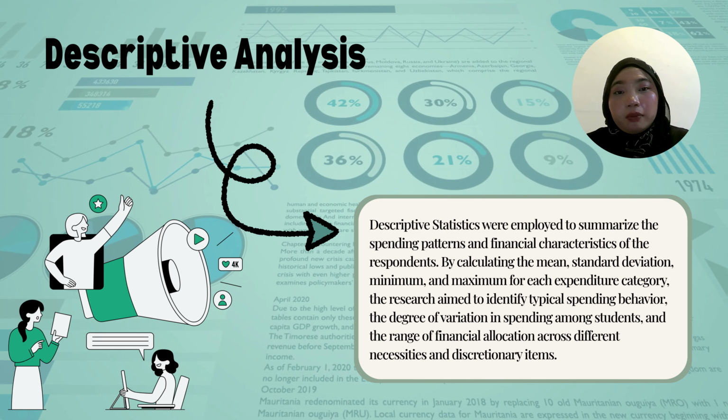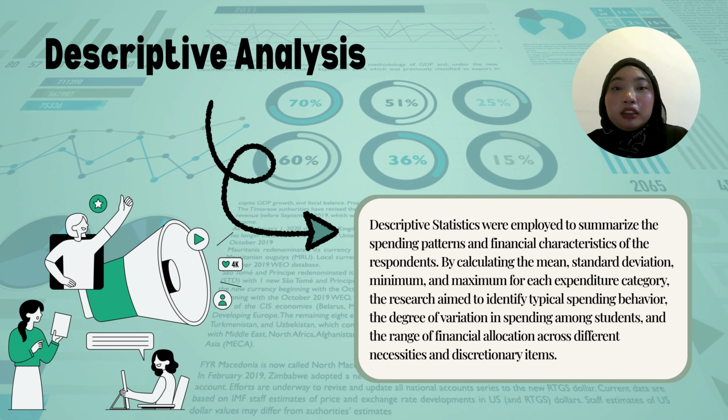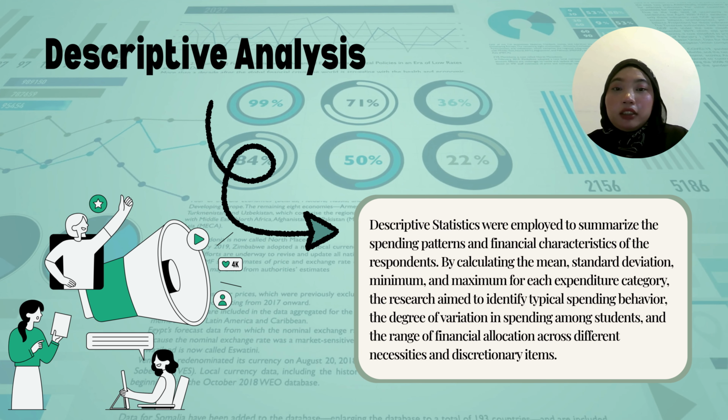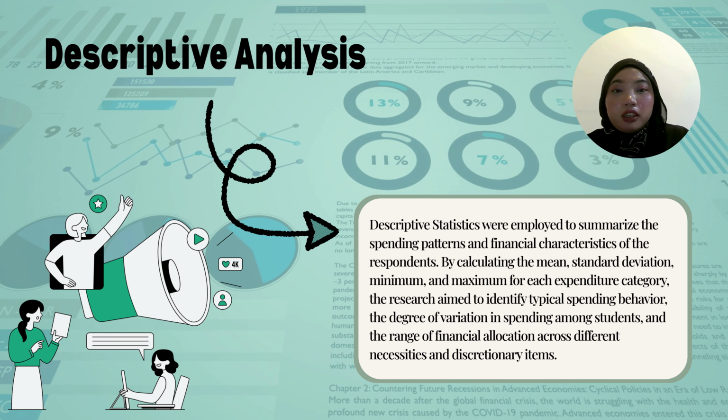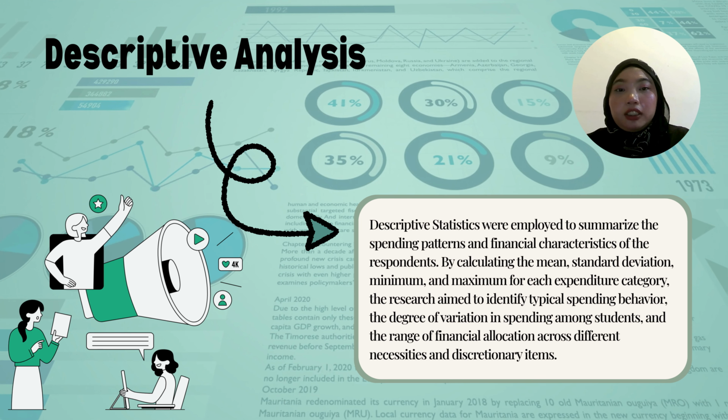The research aimed to identify typical spending behavior by students, the degree of variance in spending among students, and the range of financial allocation across different necessities and discretionary items.